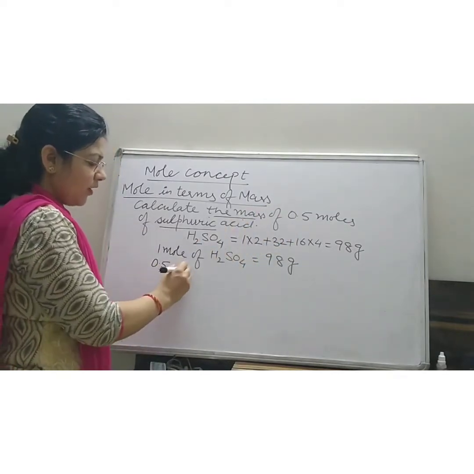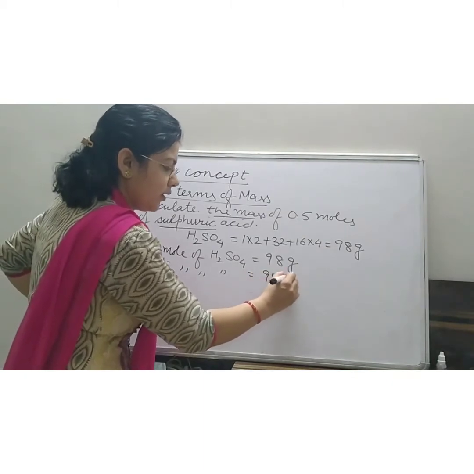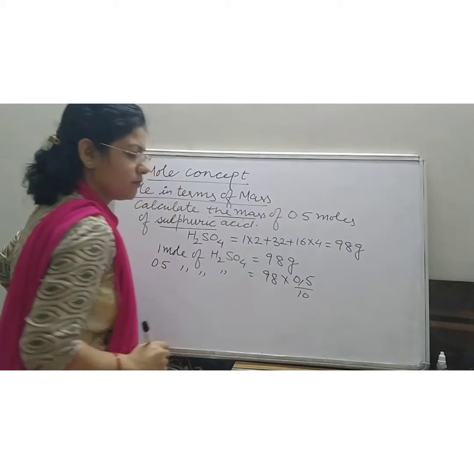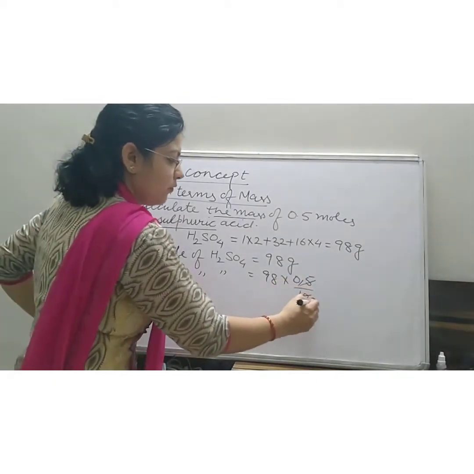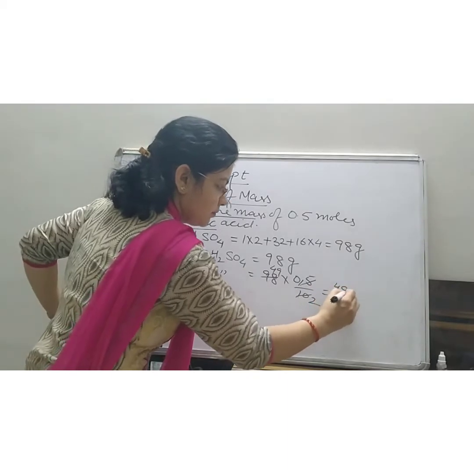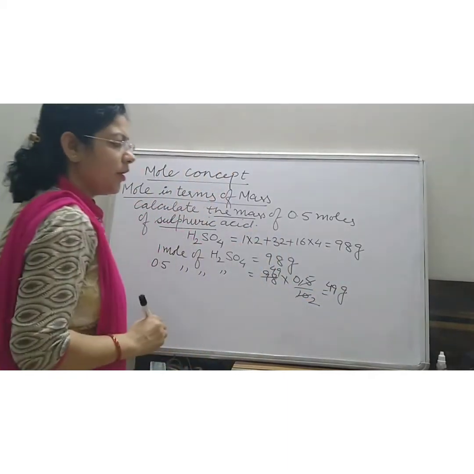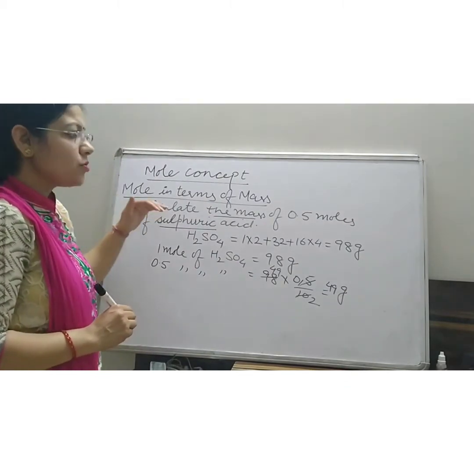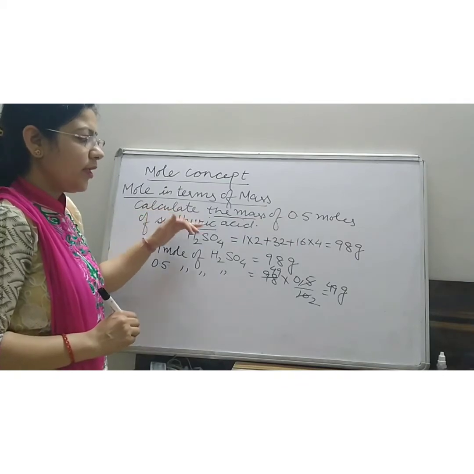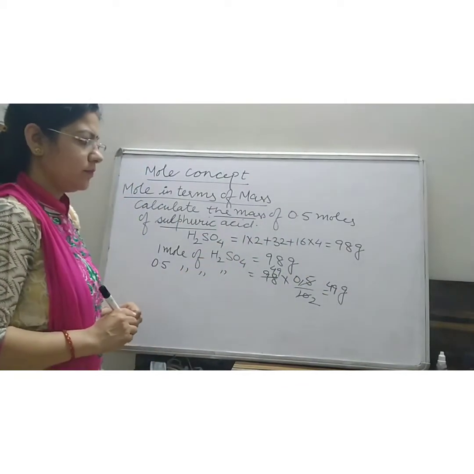So 0.5 mole of sulfuric acid is equal to 98 into 0.5, which comes out to be 49 grams. It means the mass of 0.5 moles of sulfuric acid is 49 grams.